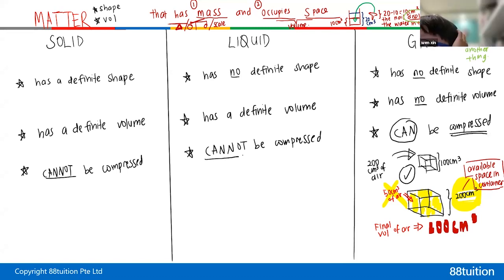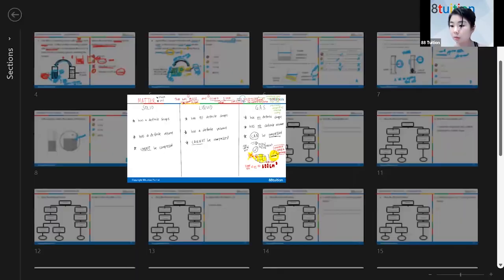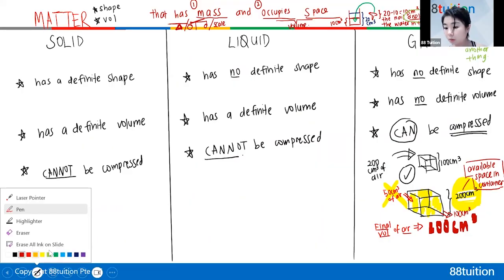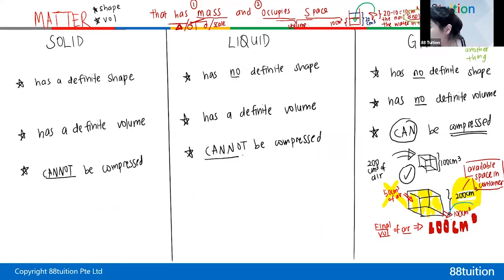So even now, if I let the air out, if I let out 100 cm cube of air, what is the amount of air inside the container? If I let out 100 cm cube of air, right, Wen-Xin?